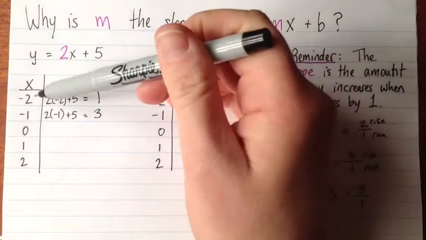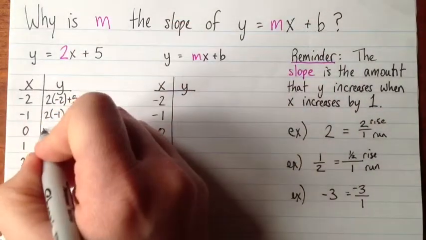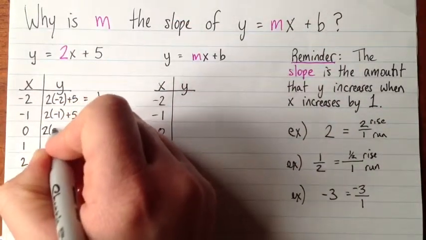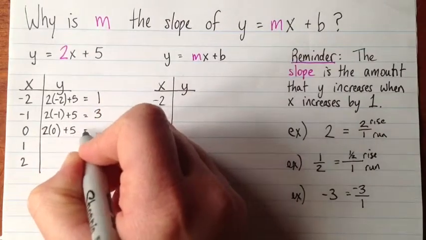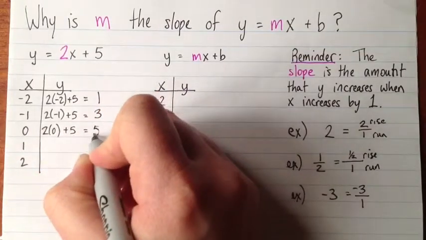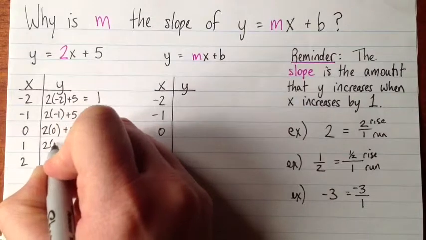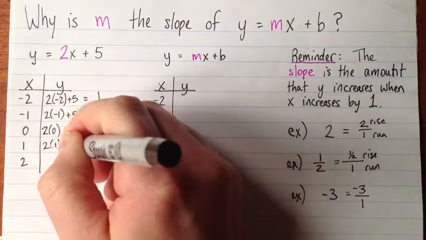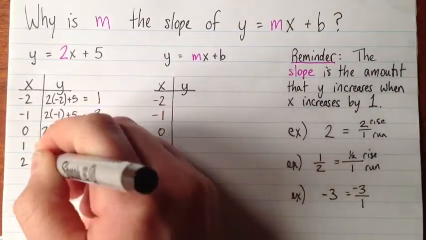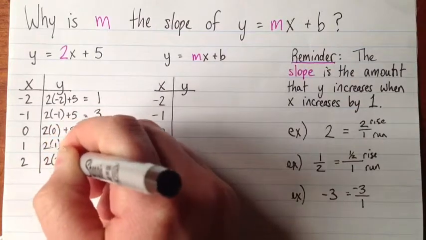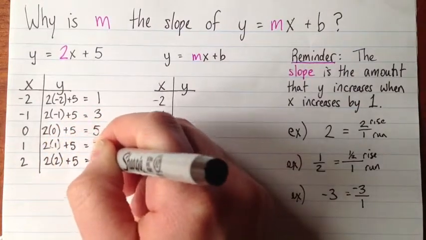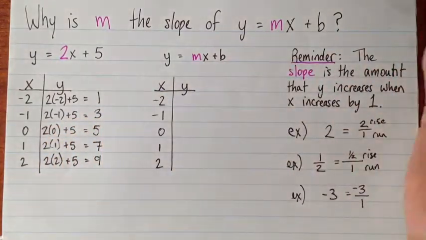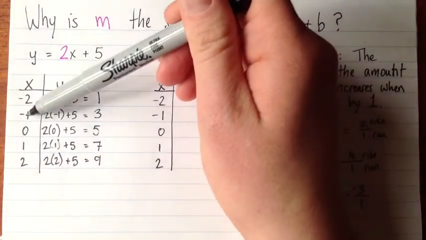Let's look at what happens here. I'll do another one first: 2 times 0 plus 5. Let's fill it all in: 2 times 1 plus 5, and 2 times 2 plus 5. So what I've got here is that my x value is going up by 1 each time.